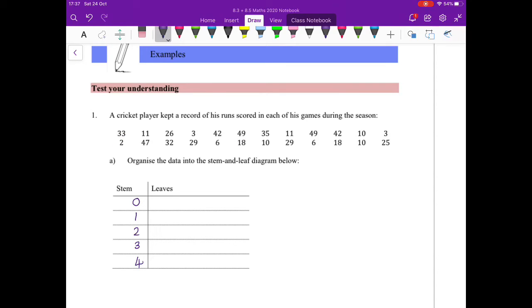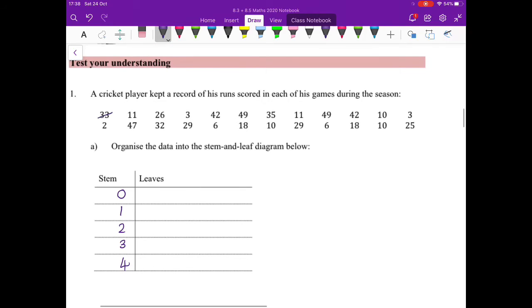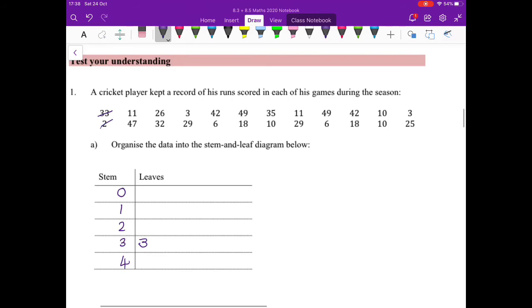Once I've done that, I'm going to look at my data, and I'm going to cross off as I enter each one. So this is going to be 30. This is 30. And I'm going to put the 3 there, tens and units. 2, we have no tens, but just a unit of 2. 11, 1 ten and 1 unit.